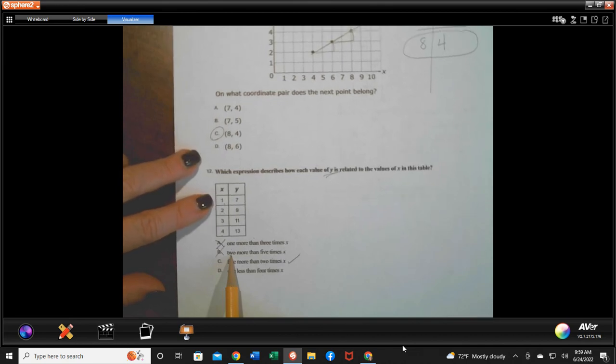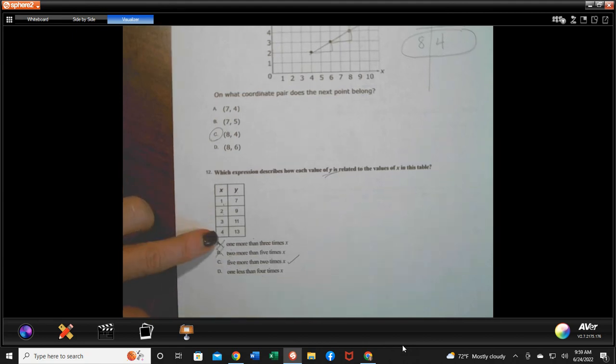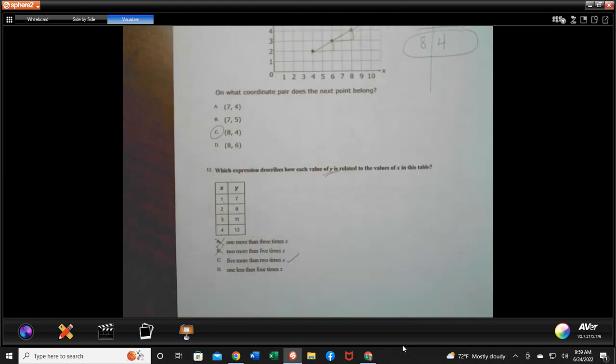And Miss Purcell should have put it through the first term to show you. 5 times x is 5, and 2 more is 7. But it has to work on every term, and we already showed it didn't work on the second term. And if I try it even on the last term, 2 more than 5 times x, 5 times x is 20, and 2 more is 22. So no, it's not going to work. All right.